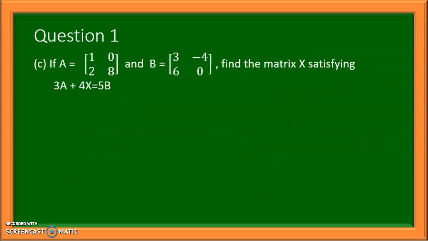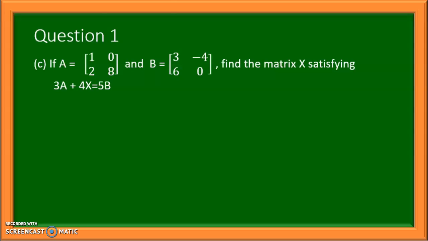Now let's go for question number 1, option C. Given matrix A is equal to 1 0 2 8, B is equal to 3 minus 4 6 0. Find the matrix X satisfying the equation 3A plus 4X is equal to 5B. So we need 3A and 5B, X is unknown.